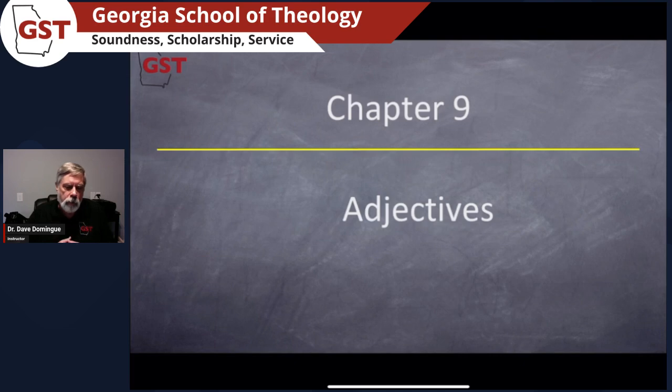We'll look at how adjectives can basically replace the noun, be substantival, that is, function as a noun in the nominative or the accusative or even the dative.